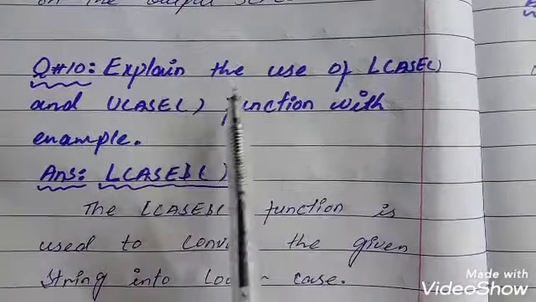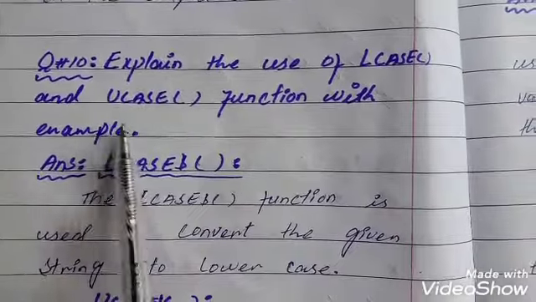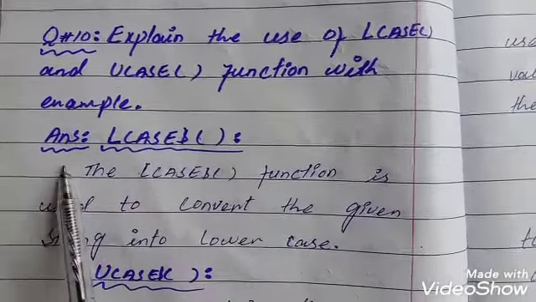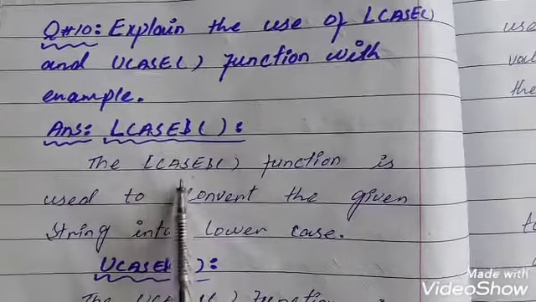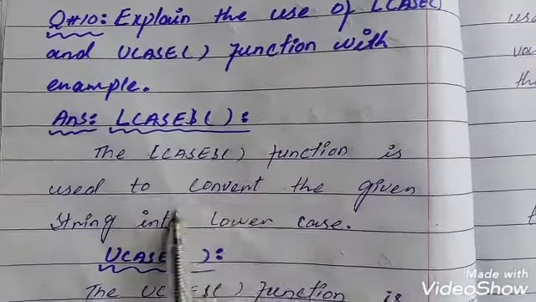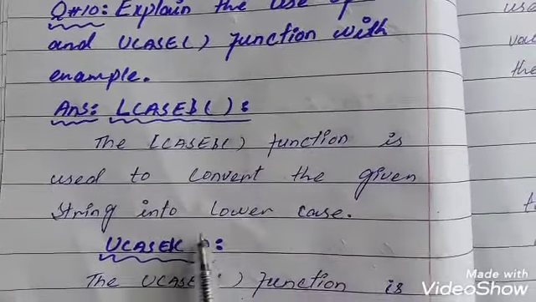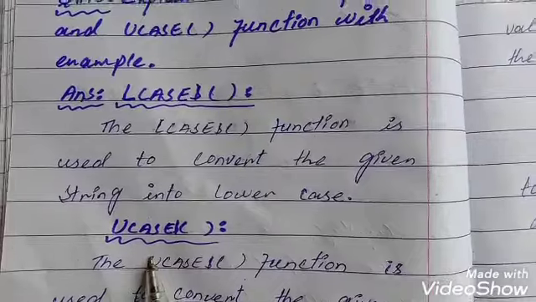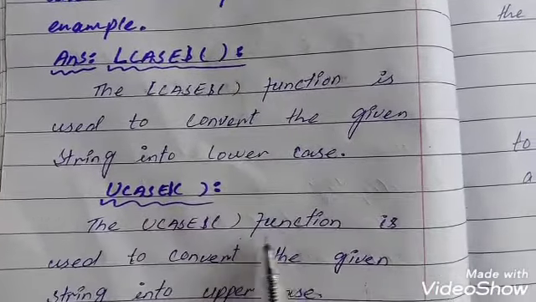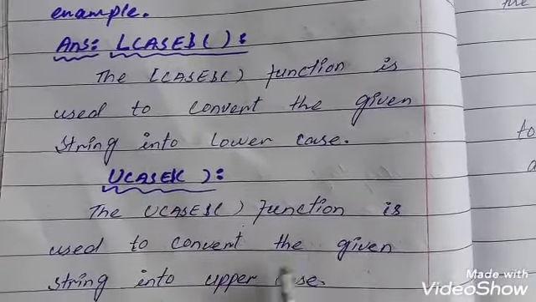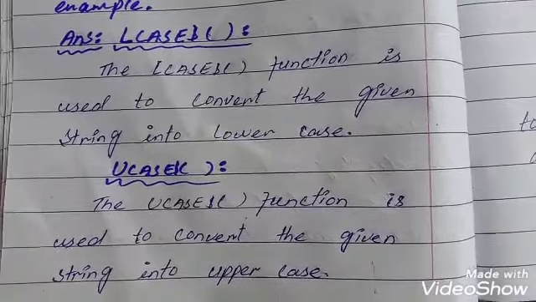Question number 10, explain the use of lowercase and uppercase function with example. Answer, lowercase. The lowercase string function is used to convert the given string into lowercase. Uppercase. The uppercase function is used to convert the given string into uppercase.